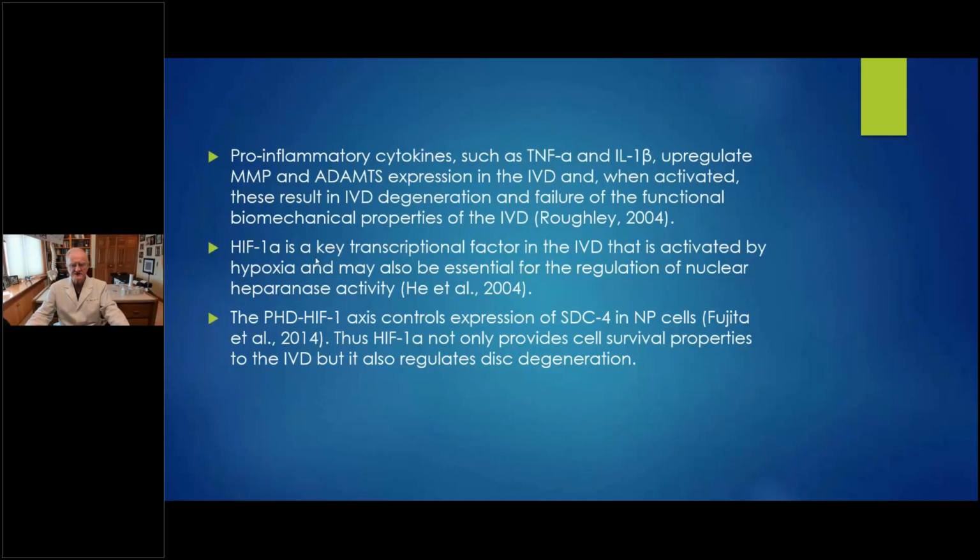In essence, it's talking about the transcription factor within the intervertebral disc that's activated by hypoxia. Remember, the intervertebral disc has a high metabolic rate, demanding a lot of glucose and oxygen for its metabolism. So the hypoxia may be essential to regulate nuclear heparinase activity. This provides cell survival properties to the intervertebral disc and regulates disc degeneration.